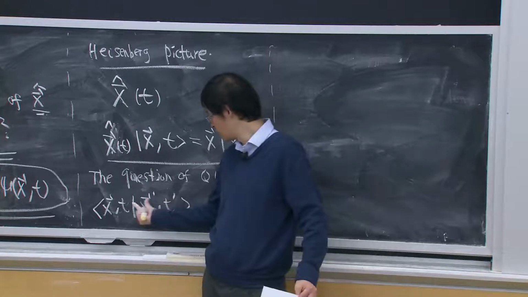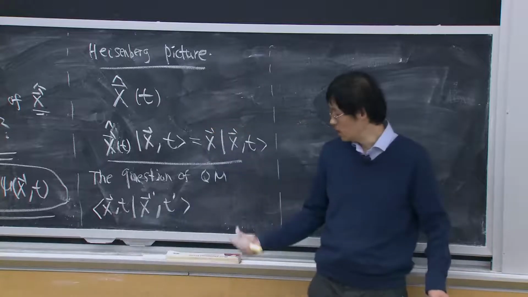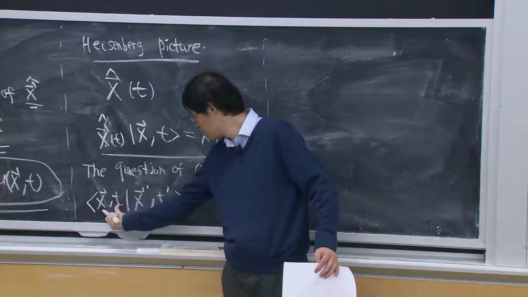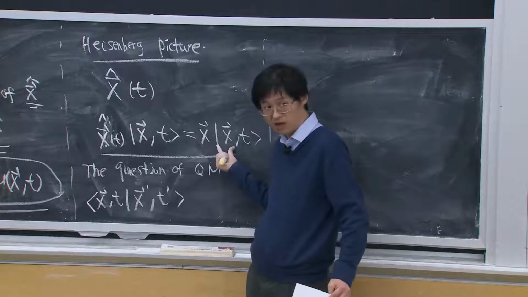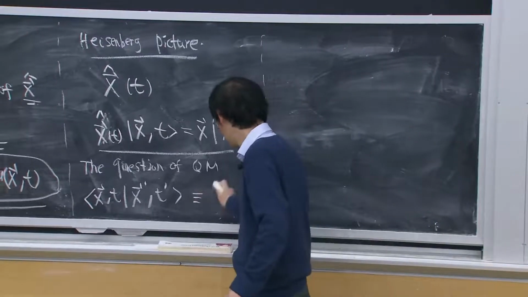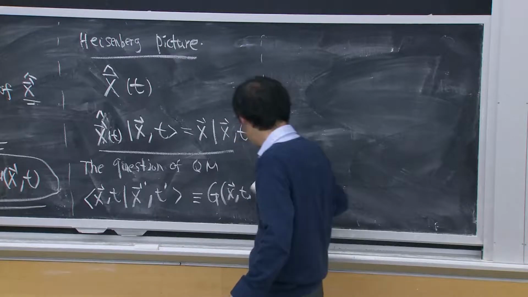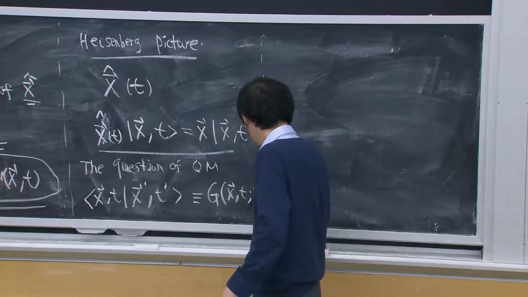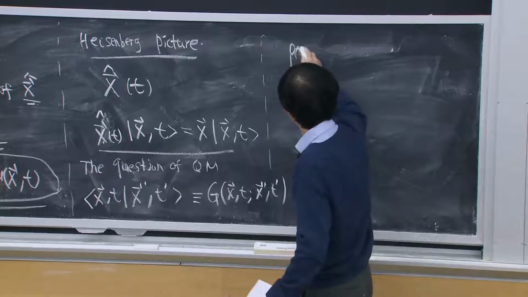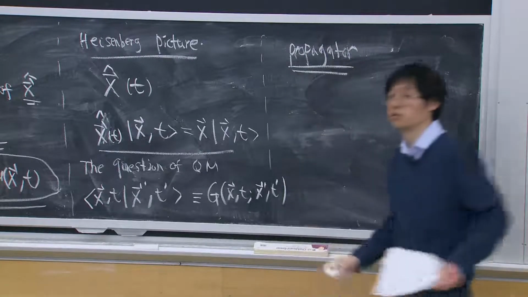What is the amplitude for you to go to location x at time t? Remember, this does not involve time evolution; it just labels different eigenvectors at different times. This object we normally denote G, and it is called the propagator.